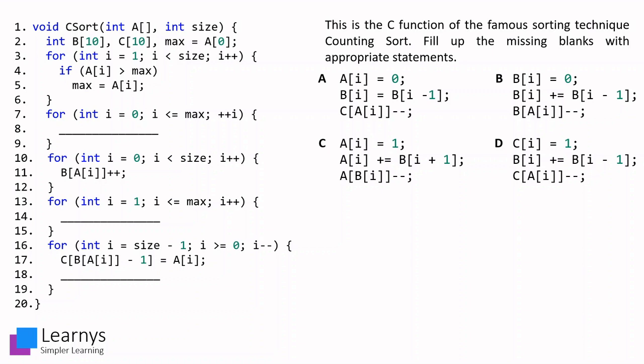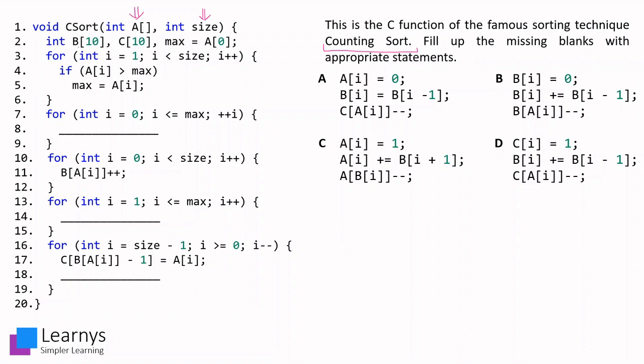Let us move to the solution. Now this function is the C function of the famous sorting technique, counting sort. Fill up the missing blanks with appropriate statements. So as we know, in counting sort, we have been given an array A as input with its size in the variable size.